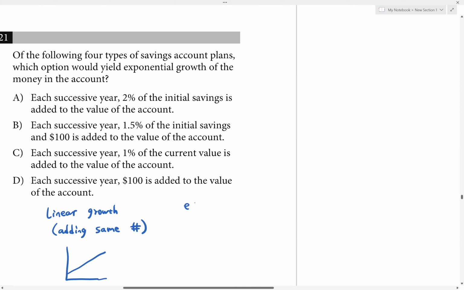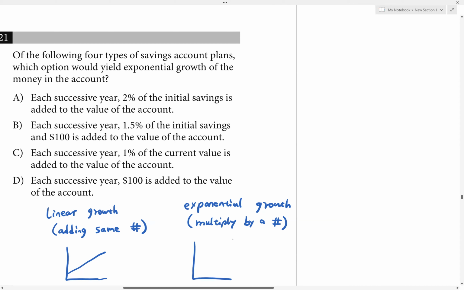But if you have exponential growth, we're always multiplying by a certain number, no matter how big or small the number is. If we're multiplying by a number, we have exponential growth.